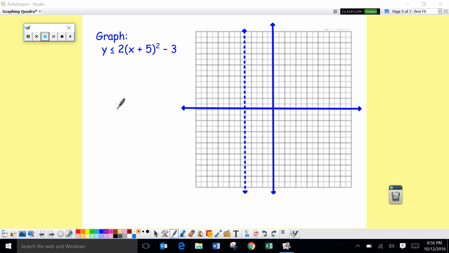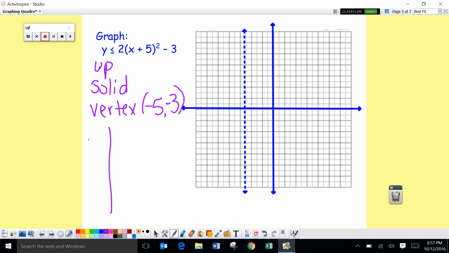In our next example, you'll notice that it is in vertex form. So the first thing we want to determine is that our parabola is opening up. We know that this time we're going to have a solid parabola because it's less than or equal to. Our vertex is at the point -5, -3. We'll make our parent function table 0, 1, 2, 0, 1, 4.